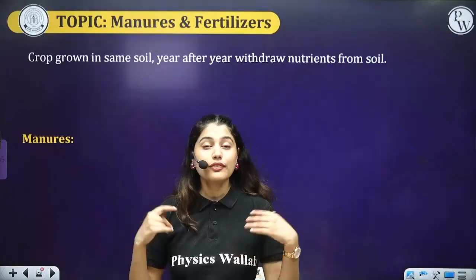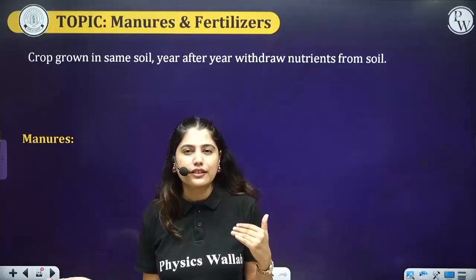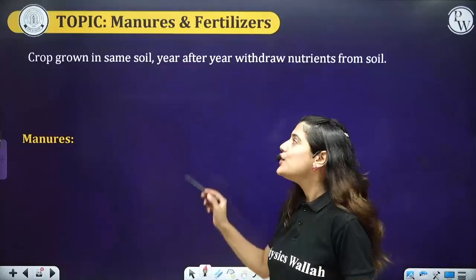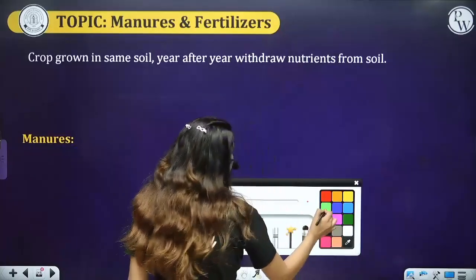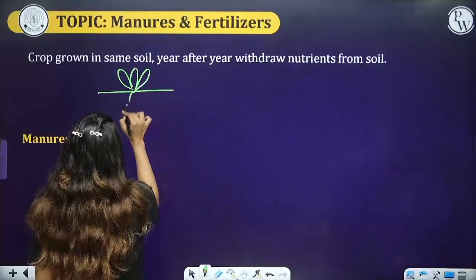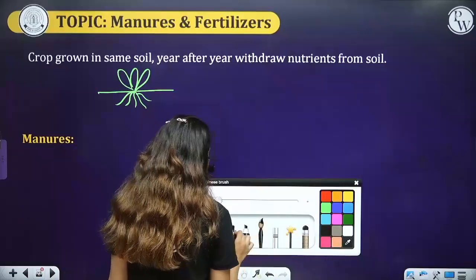Now, what are manures and fertilizers? You have already studied this in your class 8th, but let me give a recap. Basically, guys, let's say I am growing a crop. This is a field, and in this field I am growing a crop, and I have provided nutrients.